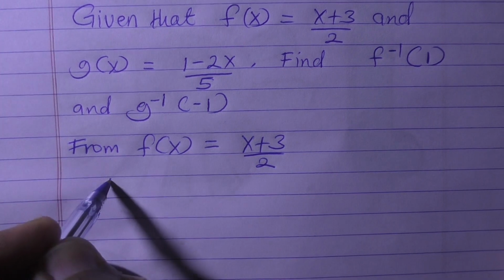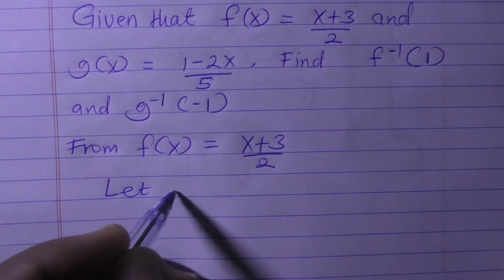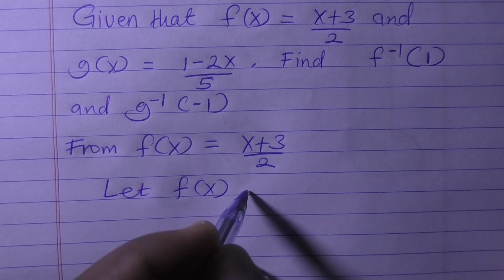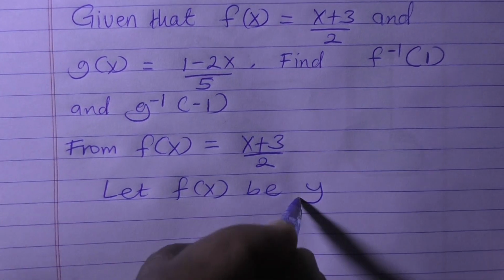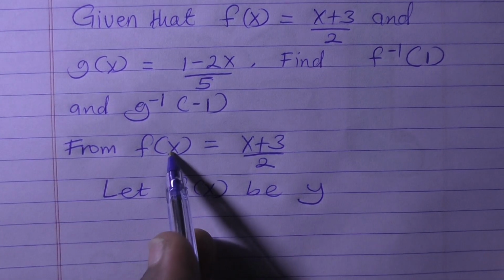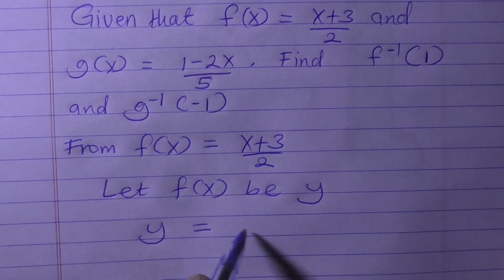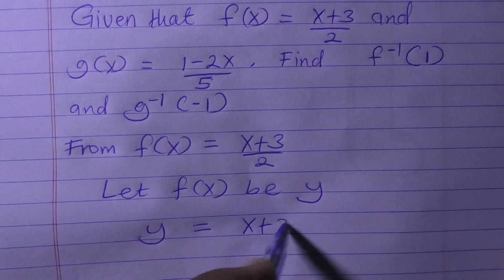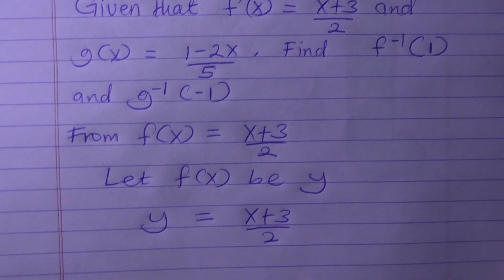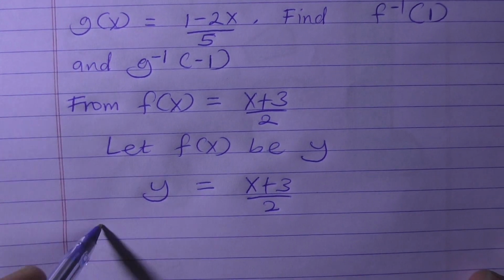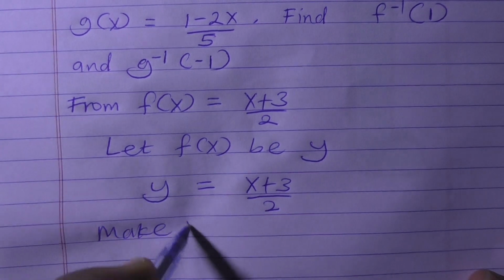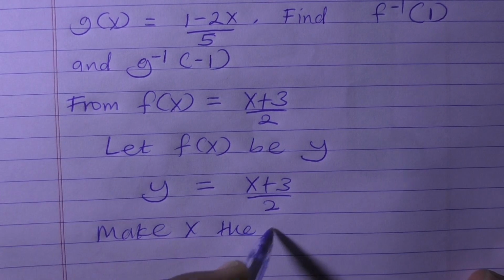Step 1 is to let f of x be, let's say, y. So where we have f of x, we shall write y. So that gives us y equaling x plus 3 over 2. That is step 1.